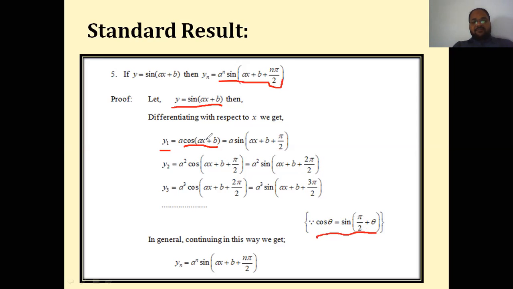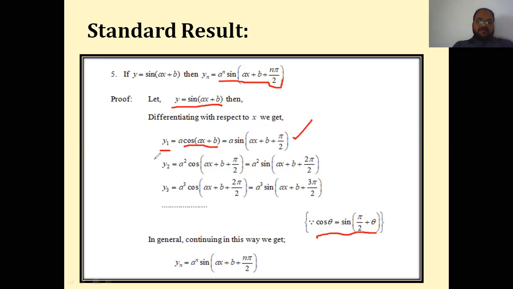Here the angle is ax plus b, and we convert this cos into sine. We keep the constant as it is; cosine becomes sine, but the angle changes to ax plus b plus pi by 2. So we get the required result in terms of sine.